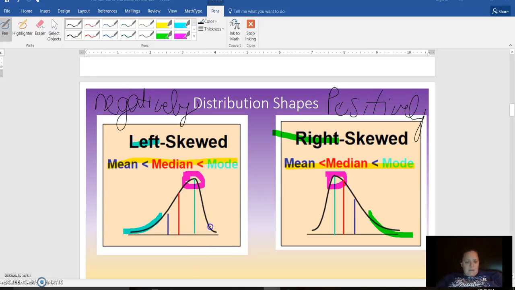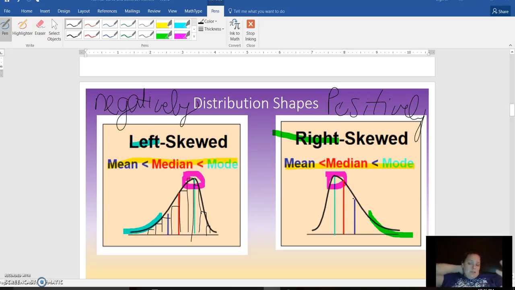And this could be drawn as a bar graph or a histogram, or you can just draw it with a curve.